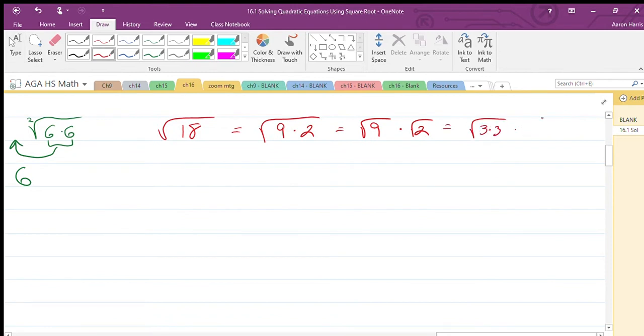The other one is just the square root of 2. Do I have a pair? Yes. So I can bring a 3 out. Can I bring this 2 out? No. So you keep it inside and just leave it as is. So the square root of 18 in simplest form is 3 times the square root of 2.